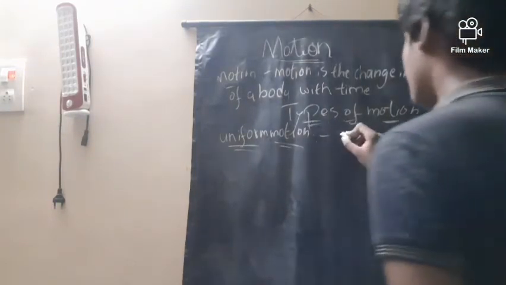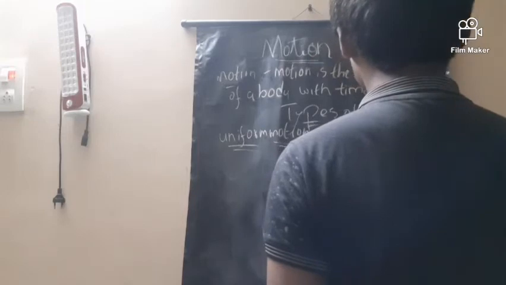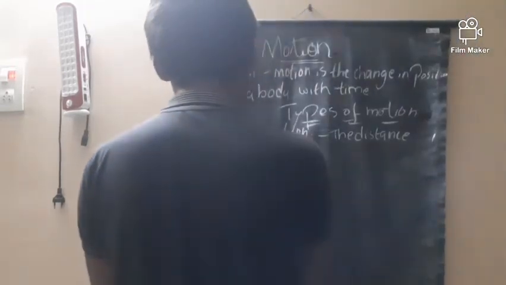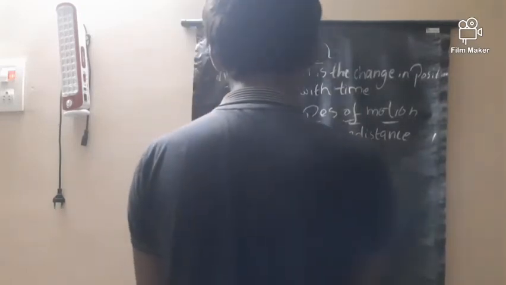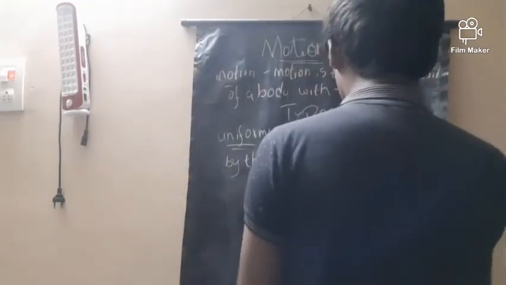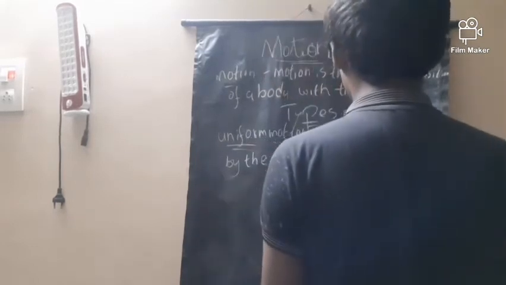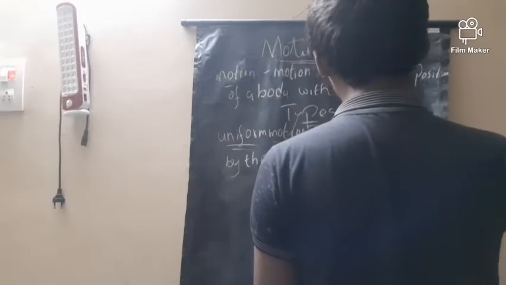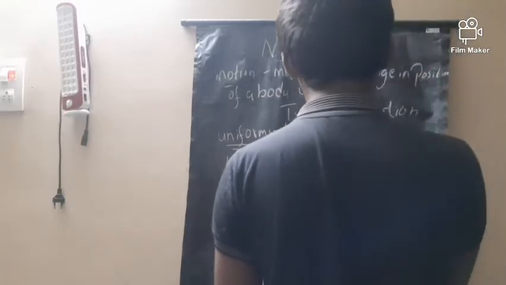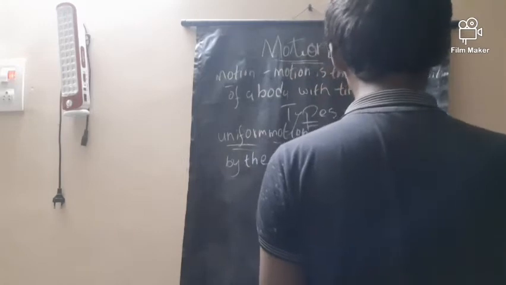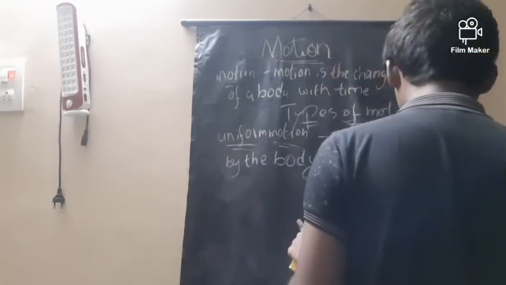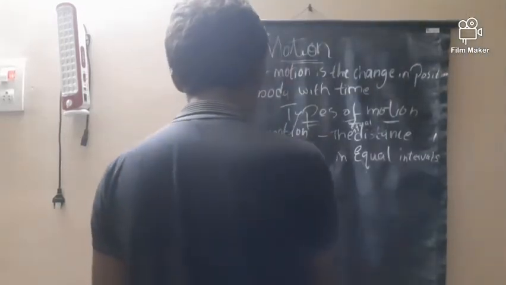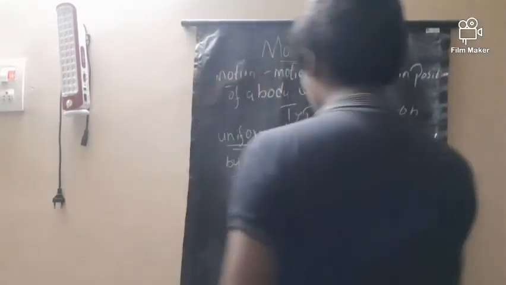Let us write the example. The equal distance travelled by the body in equal intervals of time, that is called uniform motion.